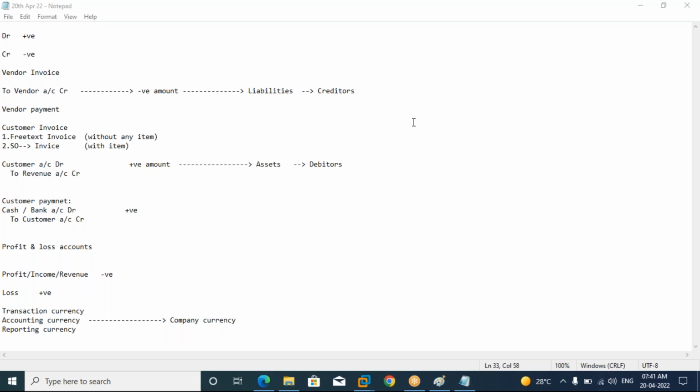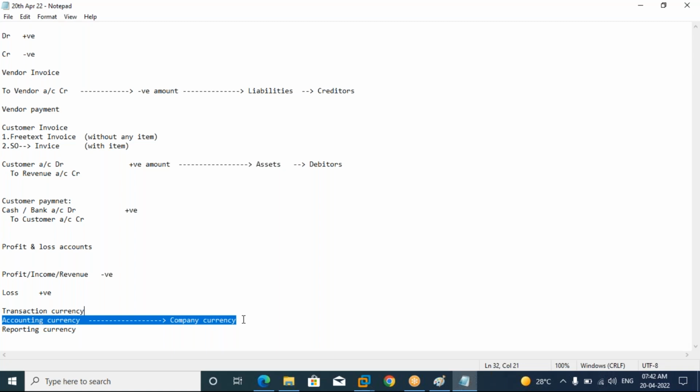the currency should be captured in the system. That is accounting currency. Accounting currency means your company currency wherever it is located. If your business is in India, INR will be the accounting currency. If your business is in Dubai, Arab Emirates dirhams, AED is your currency.